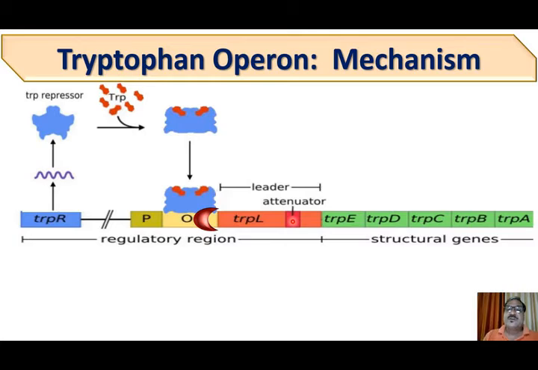The key to understanding attenuation came from examining the sequences of the 5' end of the tryptophan operon mRNA. This analysis revealed that 161 nucleotides of RNA are made from the tryptophan promoter before RNA polymerase encounters the first codon of TRPE.